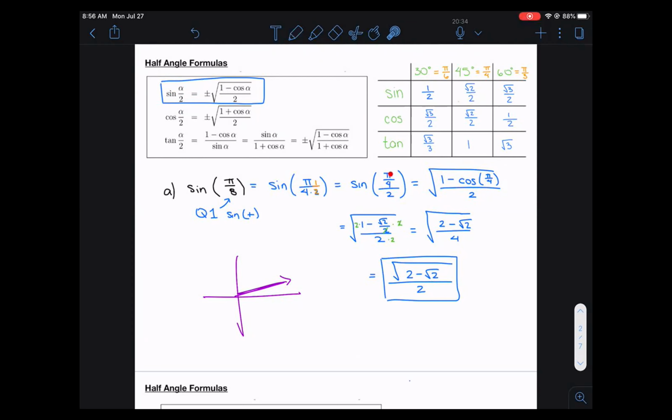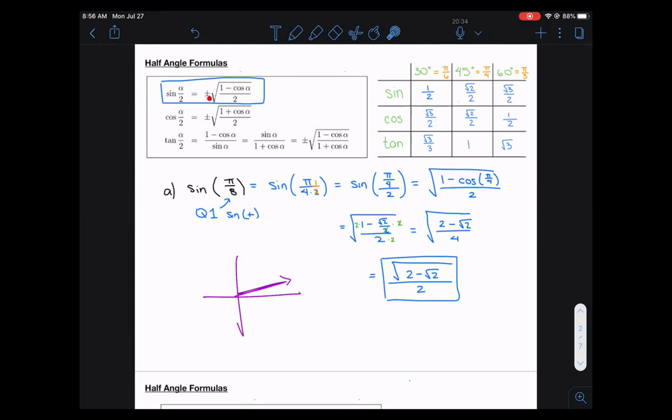Now your alpha is pi over 4, so we're going to take this whole square root. But notice there's a little plus or minus sign on the outside. Whenever you have that, it means you have to determine the sign from the quadrant. Pi over 4 is in the first quadrant, and remember that sine is positive in the first quadrant.